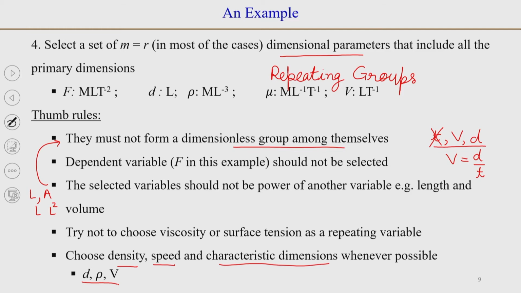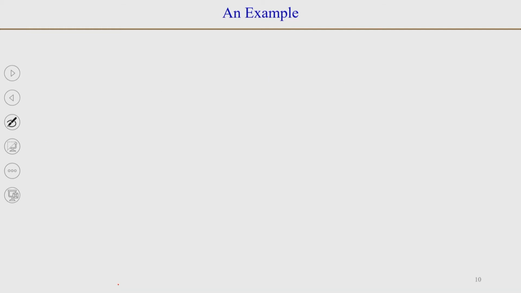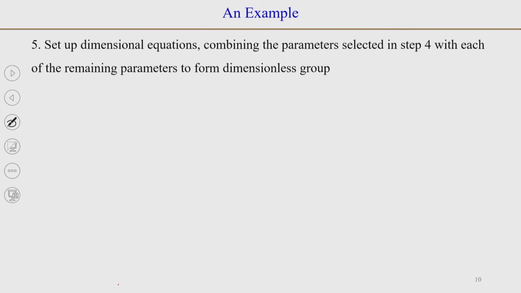Diameter, density and velocity. Now, the next step is to set up dimensional equations, where we combine the parameters selected in step 4. These parameters we call repeating parameters or repeating groups.